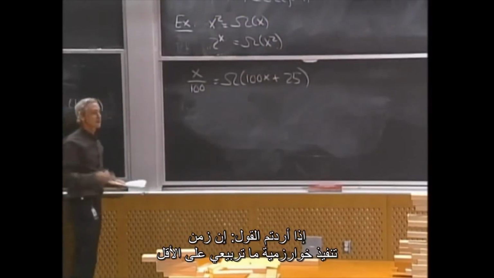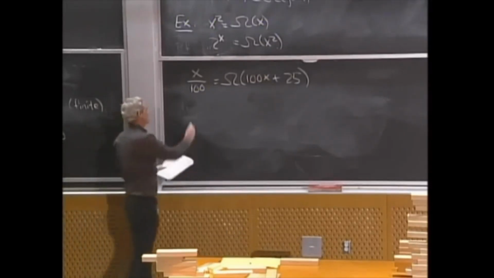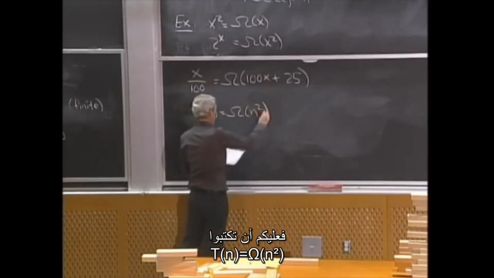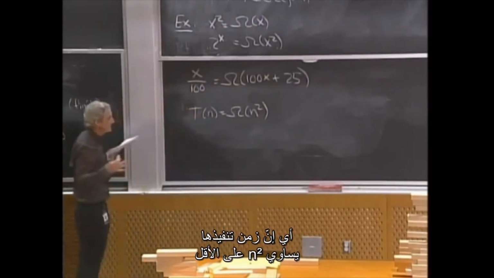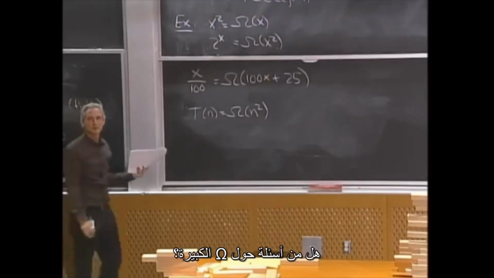If you want to say the running time of that algorithm is at least quadratic, you would write T of n is omega of n squared, and that says that the running time is at least n squared. Any questions on big omega?